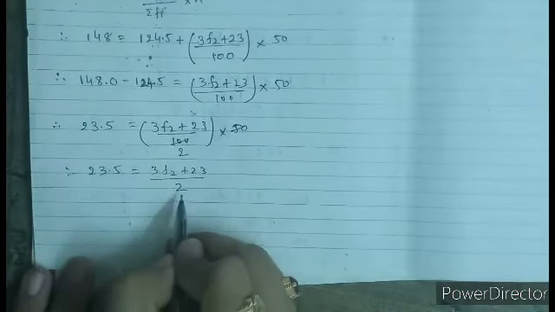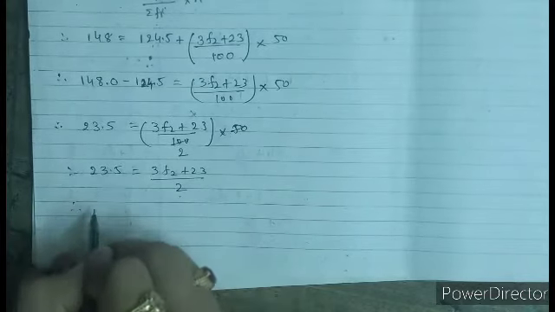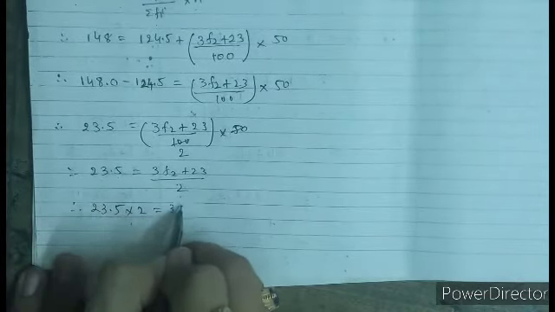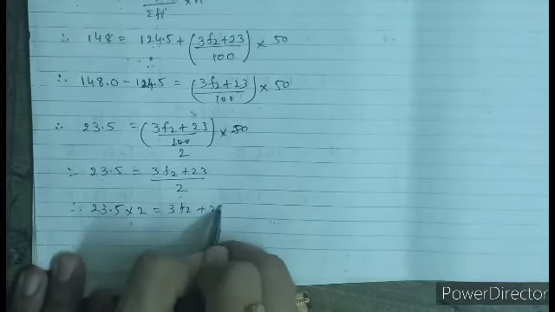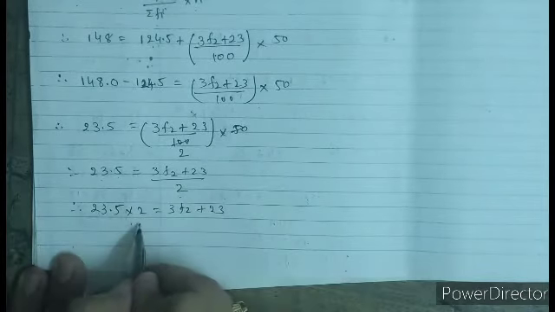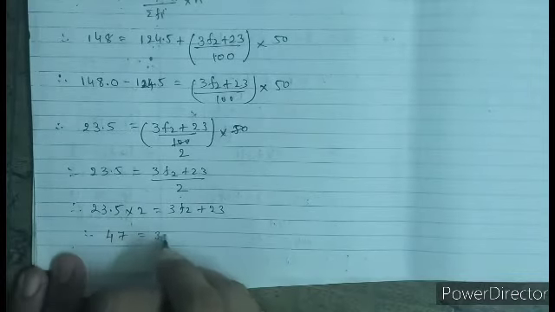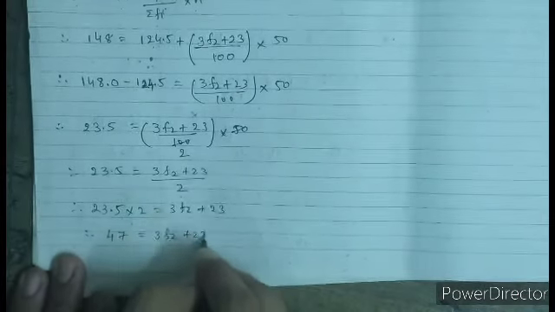Now the 2 from the denominator goes to the other side: 23.5 multiplied by 2 equals 3F2 plus 23. 23.5 multiplied by 2, you will get 47 equals 3F2 plus 23.